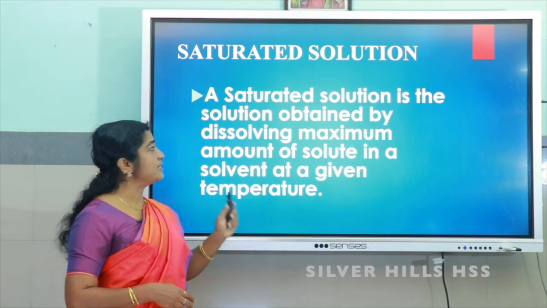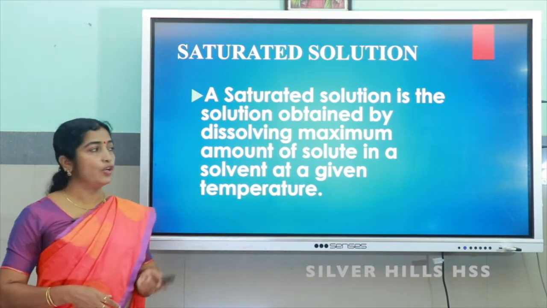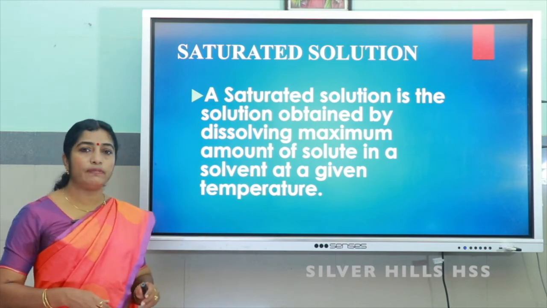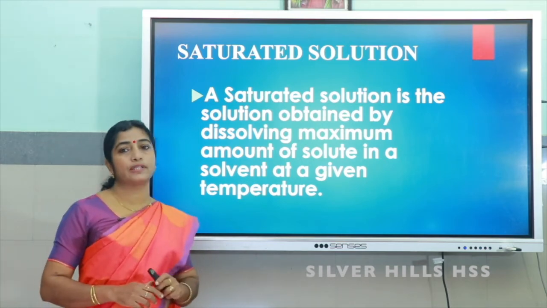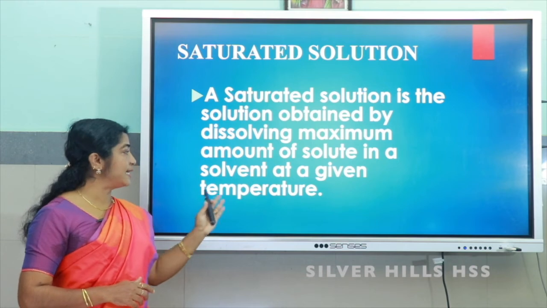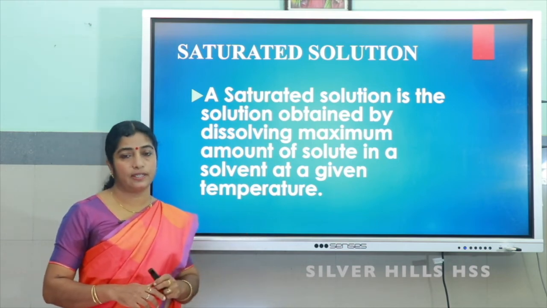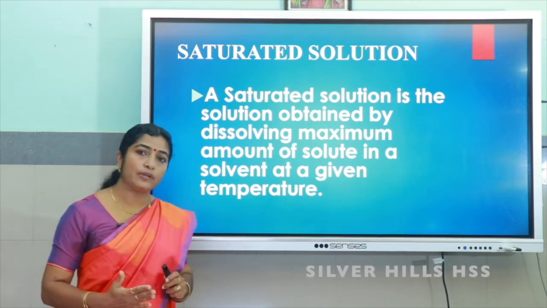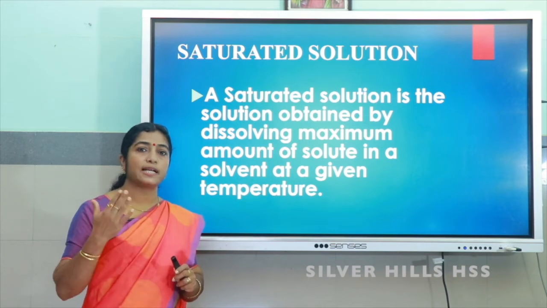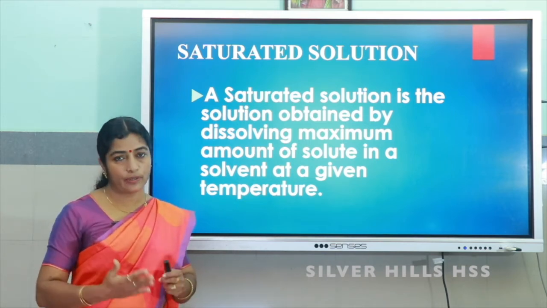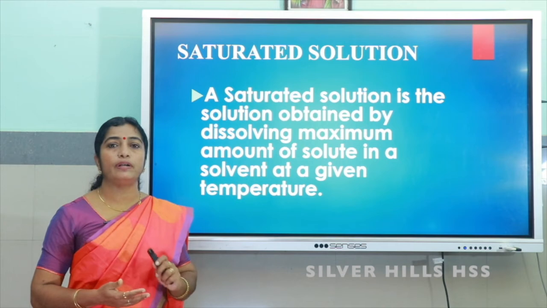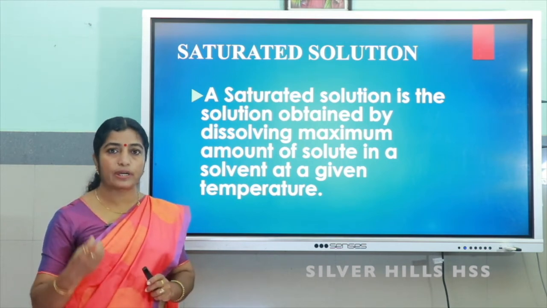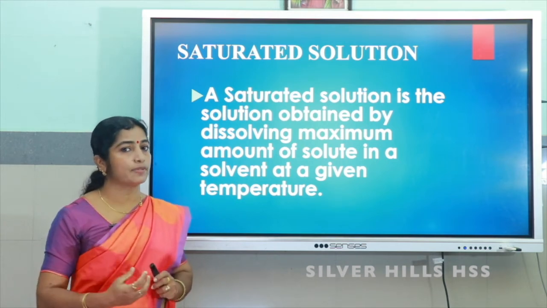A saturated solution is the solution obtained by dissolving maximum amount of solute in a solvent at a given temperature. We know that to prepare a saturated solution of sodium chloride, 36.1 grams of sodium chloride we can dissolve in 100 grams of water.